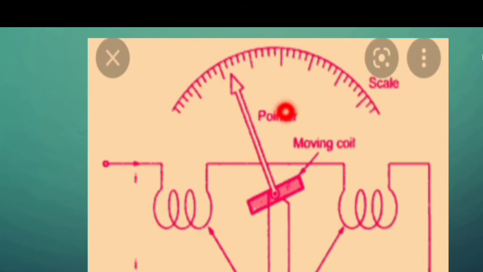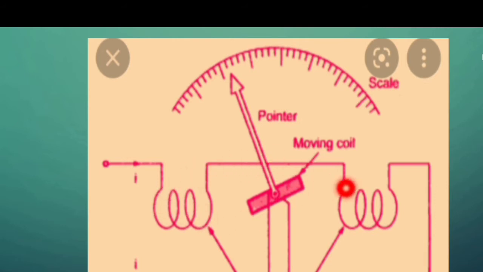Now we shall see its operation. Similar to MI instruments, here we make use of an electromagnet. The electromagnet is developed by passing current through these fixed coils. When we pass current through this fixed coil arrangement, a magnetic field develops, which is a uniform radial magnetic field.